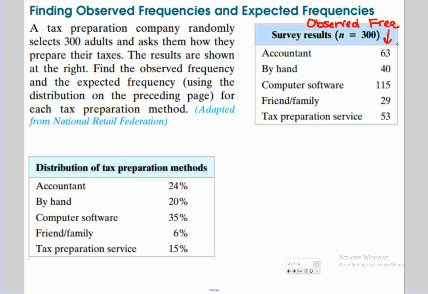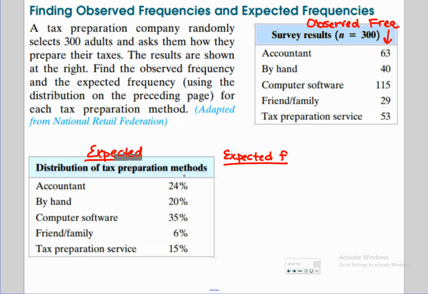In this survey, it was observed that 63 people used an accountant and 40 did it by hand, and so on and so forth. Then down here is what they're comparing that to. This is what they expected people to answer. Before the survey, they expected that 24% would use an accountant and 20% would do it by hand, and so on. So if we want the expected frequency, we used F for frequency back in the day, so I'll just abbreviate that.